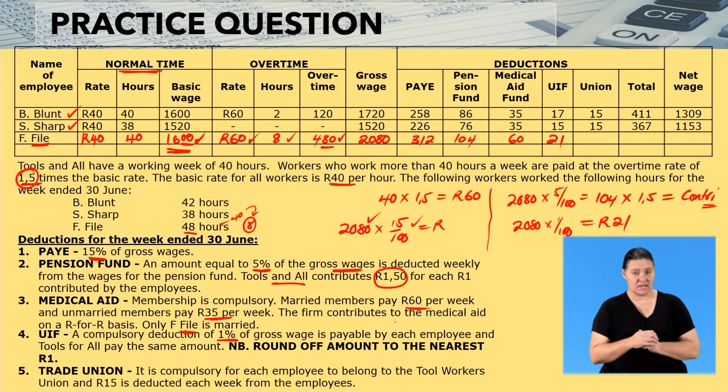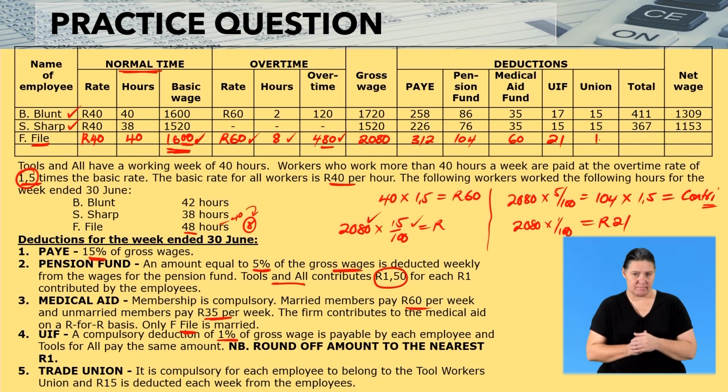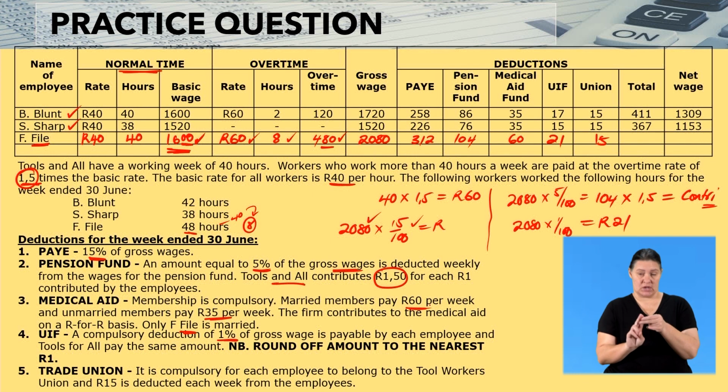Number 5, trade union. It is compulsory for each employee to belong to the Tools and All workers' union, and 15 Rand is deducted each week. After you have recorded your trade union deduction, which is 15 Rand, now you need to add all your deductions. So make sure you have your calculator and you're ready.